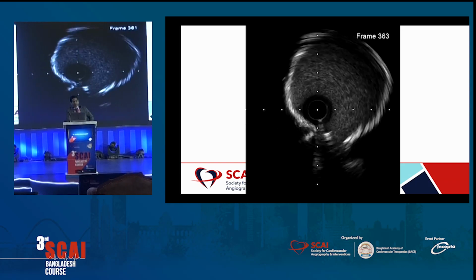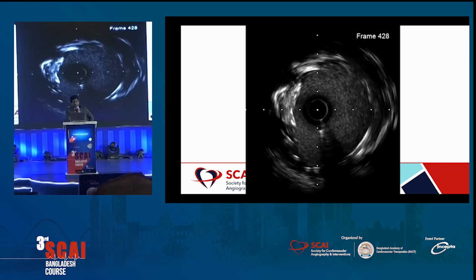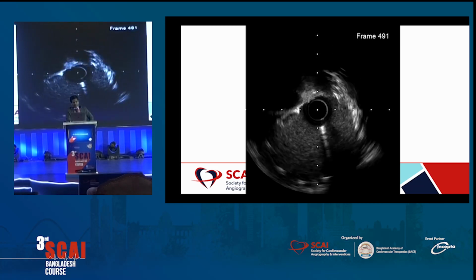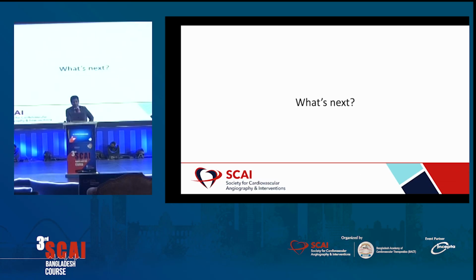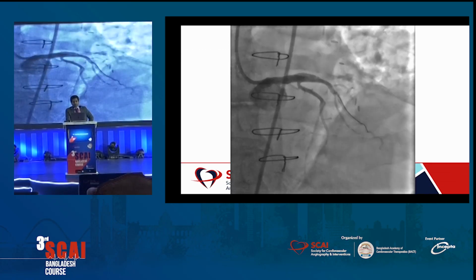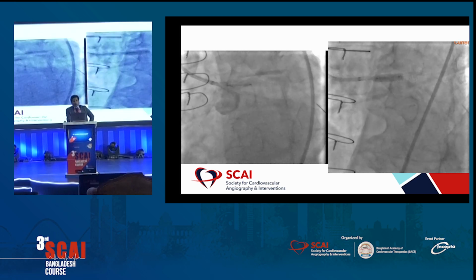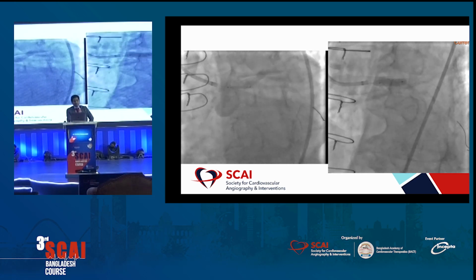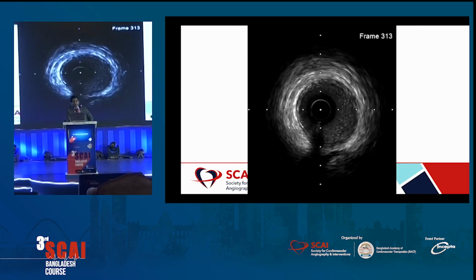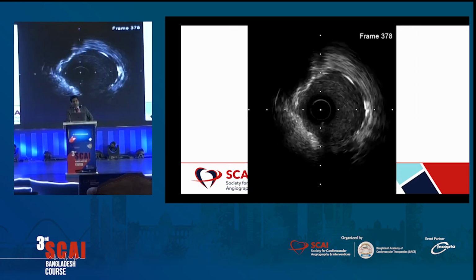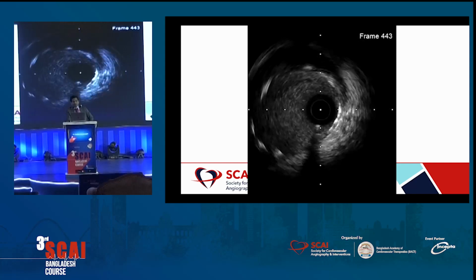There was a persistent recoil despite using IVL. So what we did here is we decided to place another stent. So we put another 4.5 millimeter stent, and this was the final result. And you could see the final IVUS looks very nice.